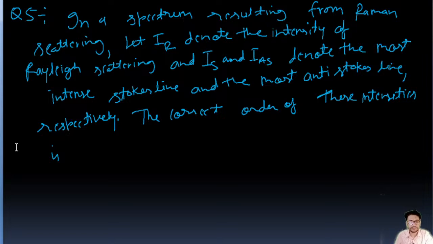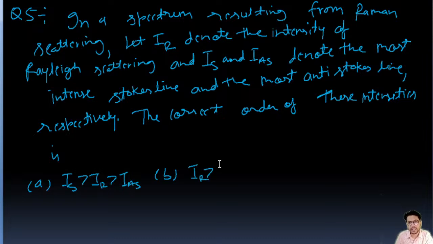The options are: option A, IS greater equal to IR greater equal to IAS. Option B is IR greater equal to IS greater equal to IAS.